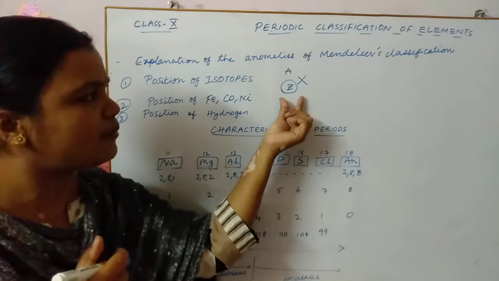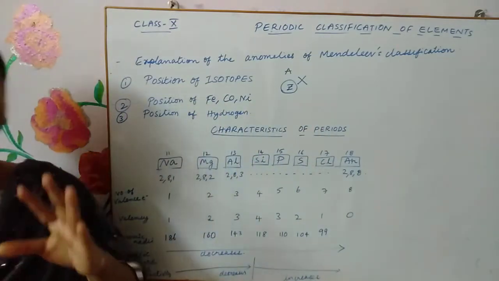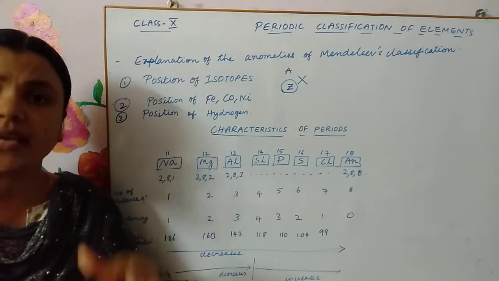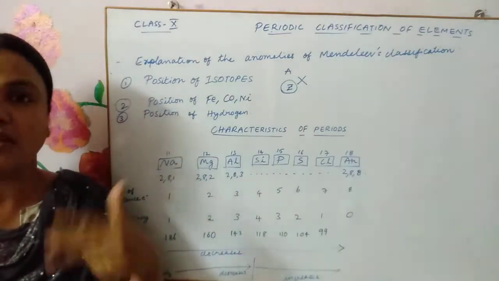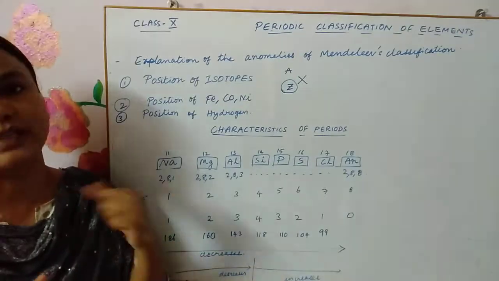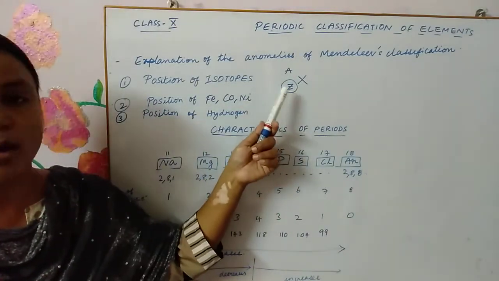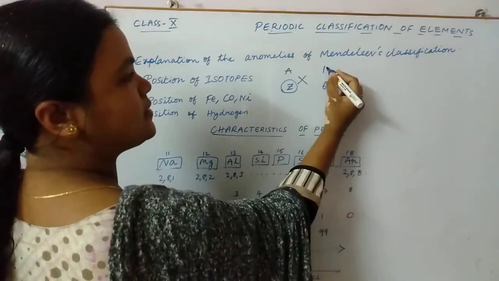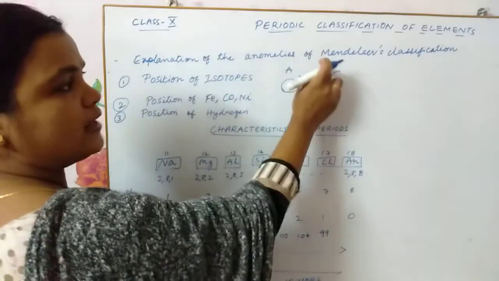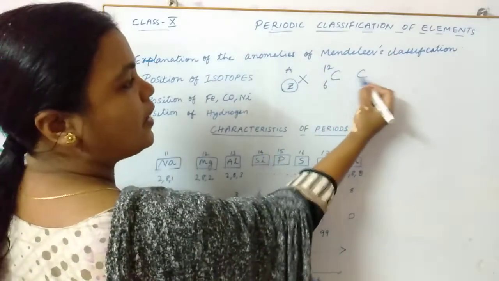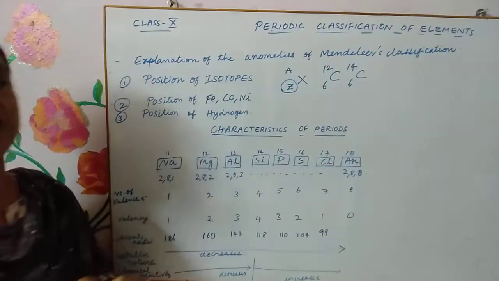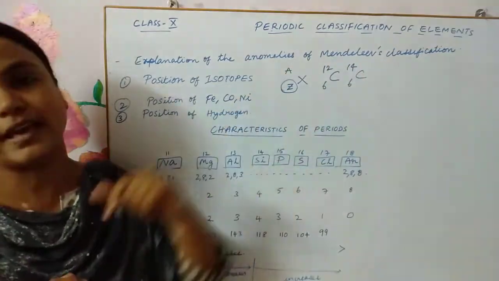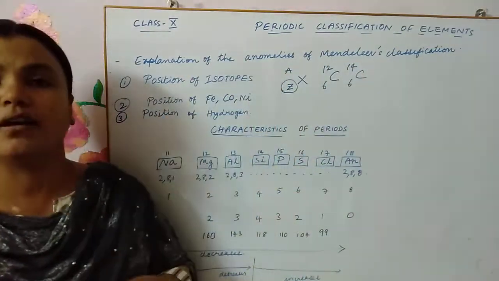The moment I say same atomic number, it refers to the same element, right? For example, carbon exists in two forms in nature, the C12 isotope and the C14 isotope. That means the atomic number of carbon is 6, but in one case the mass number is 12, and in another the mass number is 14, and that is due to the presence of two extra neutrons that gave rise to this difference in mass number.